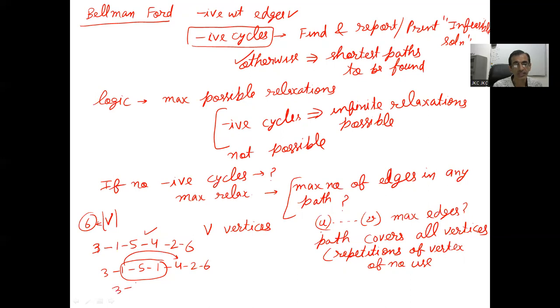This means 3, 1, 4, 2, 6 is a better and shorter path, because the cycle has no use. So compared to this, that will be better, hence no repetition of a vertex is needed. So the lengthiest path might have all vertices.